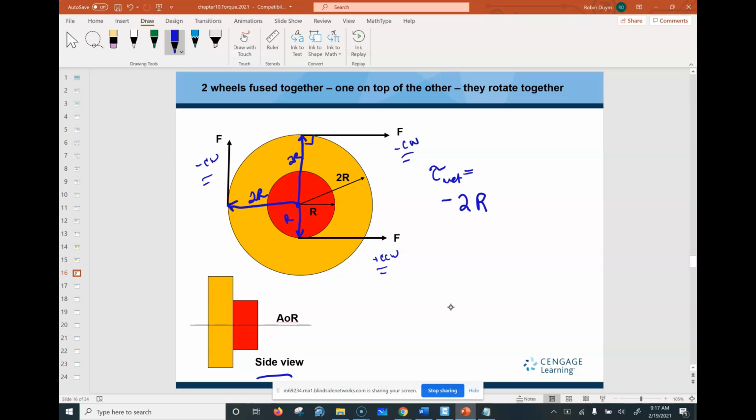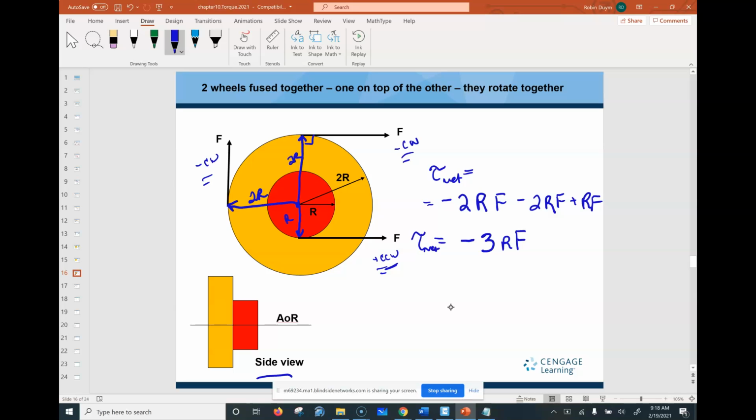Negative 2R times one of those, and then this is the same exact force, so negative 2RF. And then this little guy is positive. He's only got a lever arm of R, but it's still the same force. So that's negative 4 plus 1. So we end up with a net torque of negative 3RF.